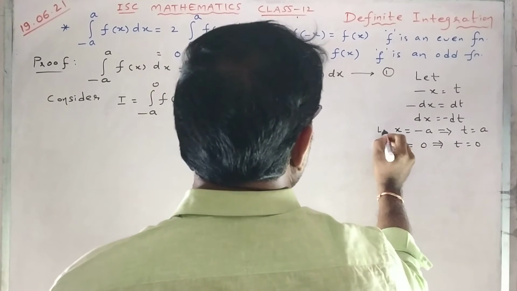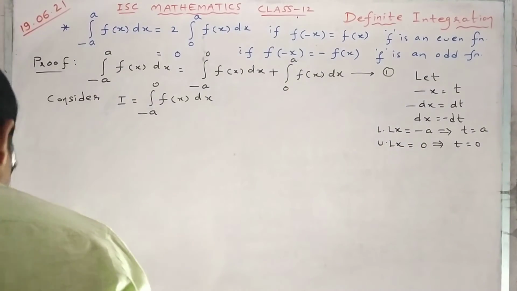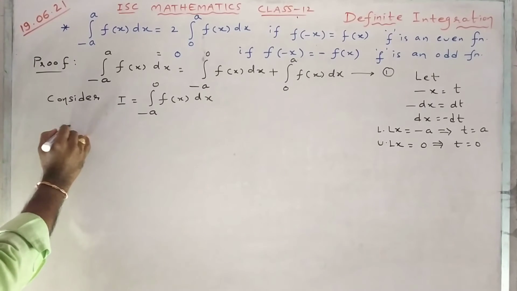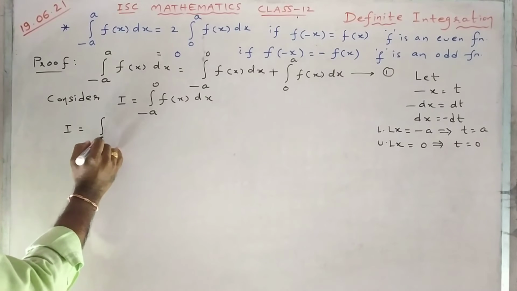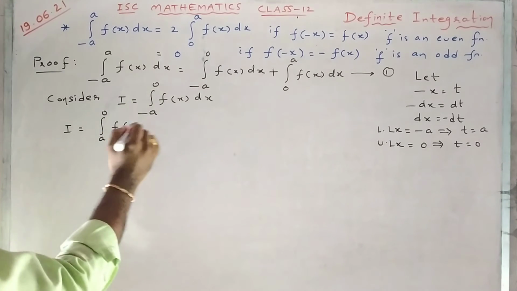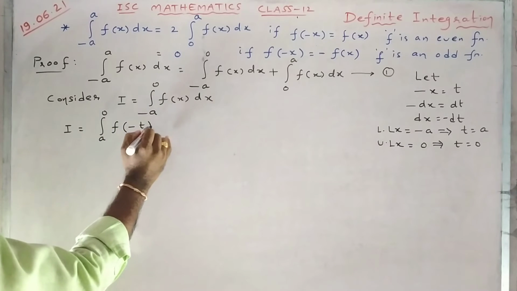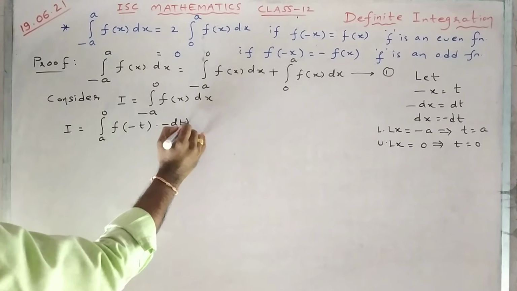Now, if you simplify this, I equal to integral from a to 0 of f of minus t, in the place of dx I can write minus dt.